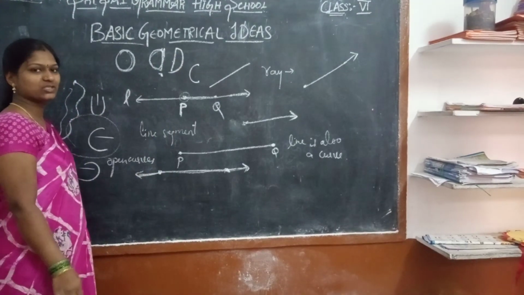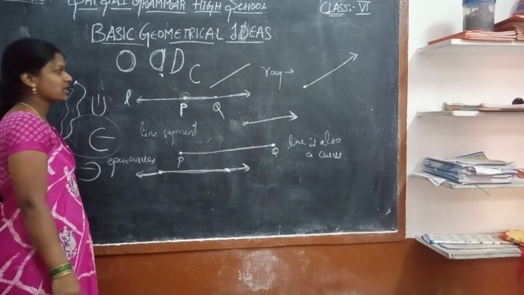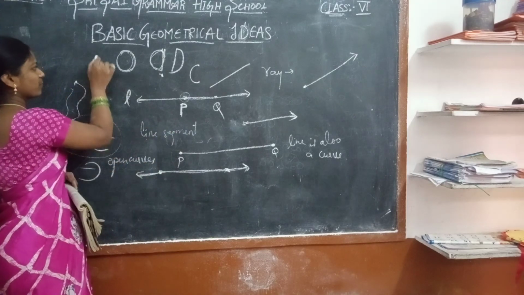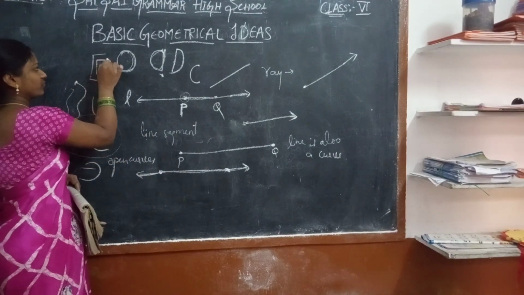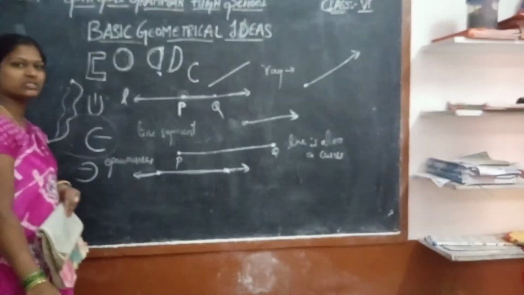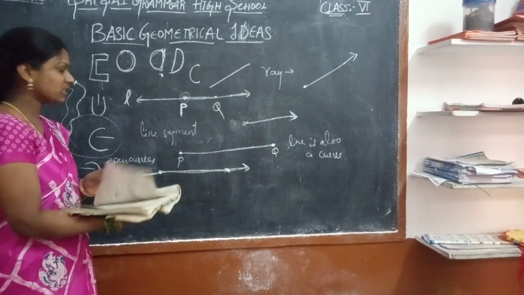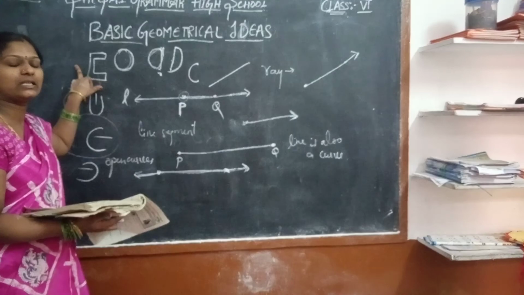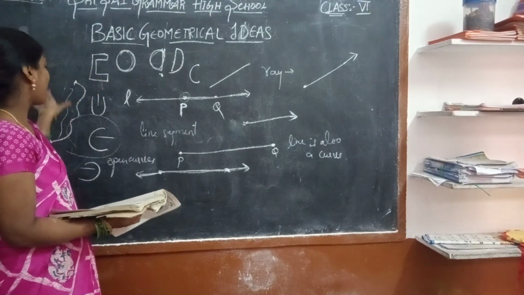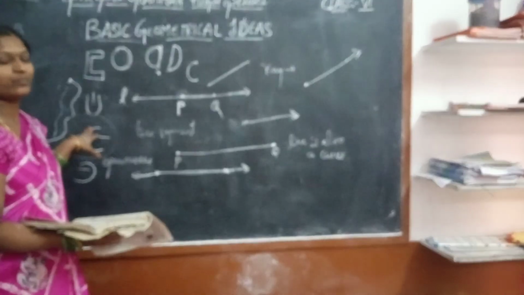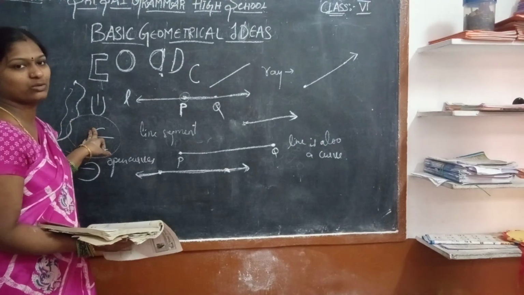A half circle is also a closed curve. And here, for example, this is also a closed curve. A figure which is closed is called a closed curve, and one which is open is called an open curve.